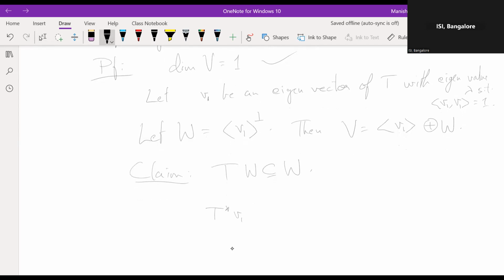What will T star V1 be? I want to say that V1 is also an eigenvector of T star. So let's first write down what we know. We know that T V1 is lambda times V1.